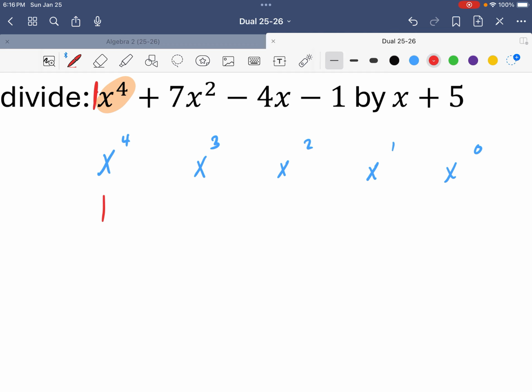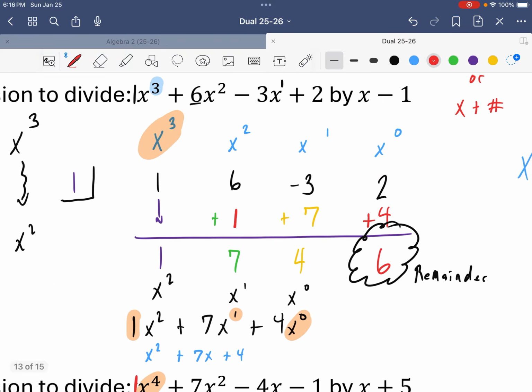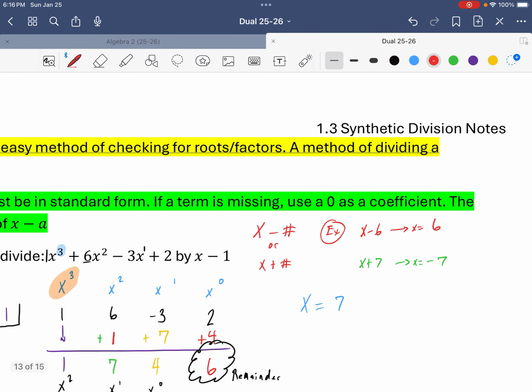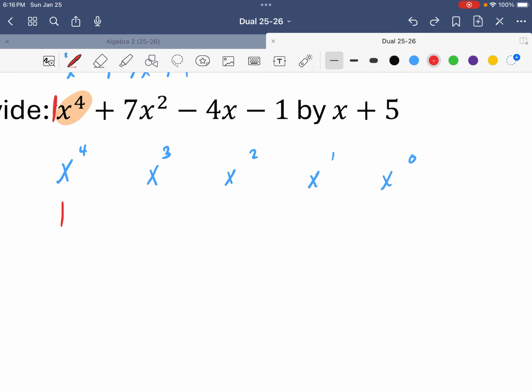The next one should be an x3. Where's my x3? It's not there. There is no x3, but there should be. So back in the beginning, I said, right here, if there's a term missing, use 0. Since we don't have an x3, I'm going to use a 0. And then I'm going to look at x squared. Do I have a number in front of x squared?